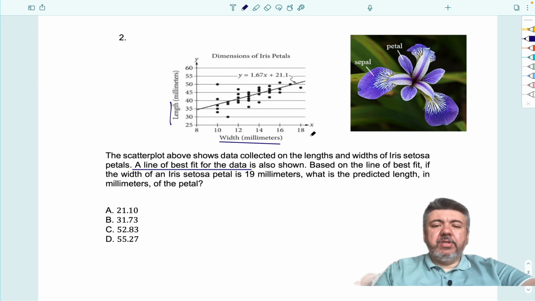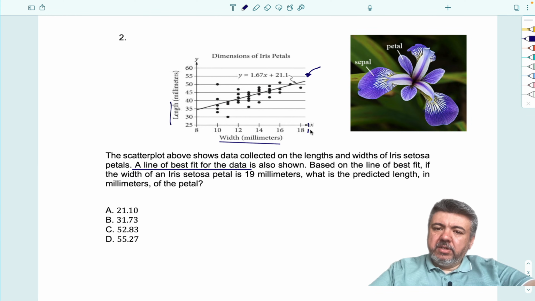So this is a line of best fit. Don't worry, the question is very simple. Based on the line of best fit, not based on the scatter plot itself, the width of an iris setosa petal is 19 millimeters. What is the predicted length in millimeters of the petal? So what is the equation for the line of best fit?